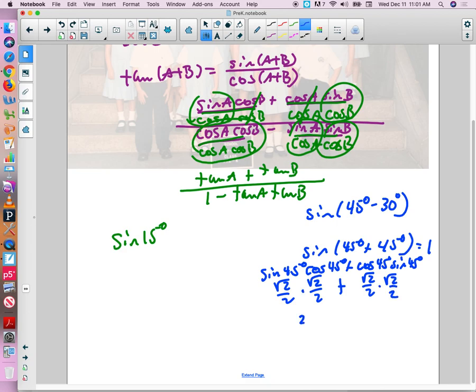This gives me 2 over 4 plus 2 over 4, which gives me 4 over 4, which gives me the right answer. So do you see it does work? It's weird, but it does work, right? Okay.